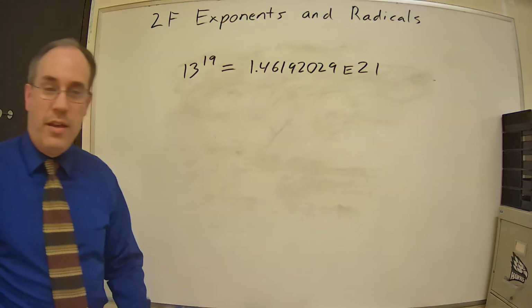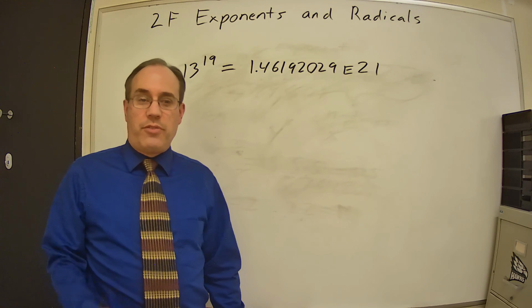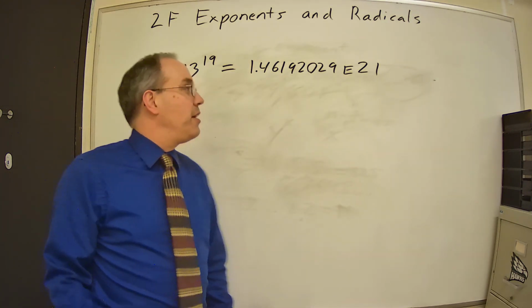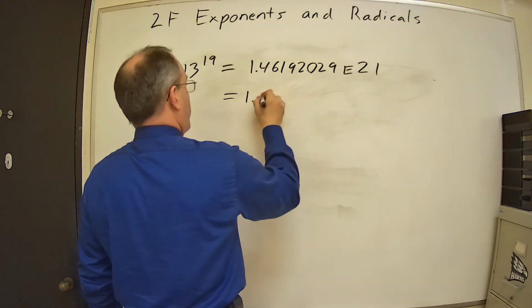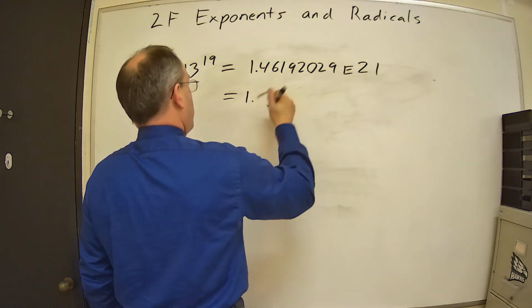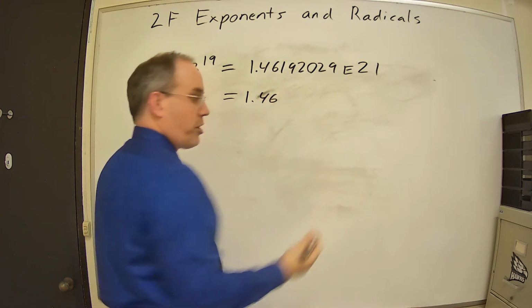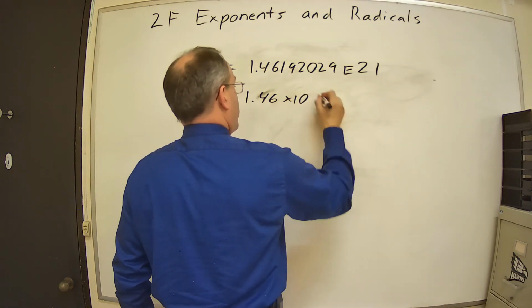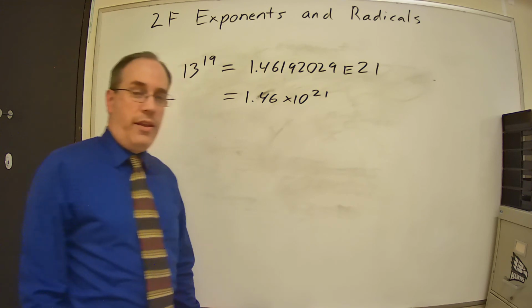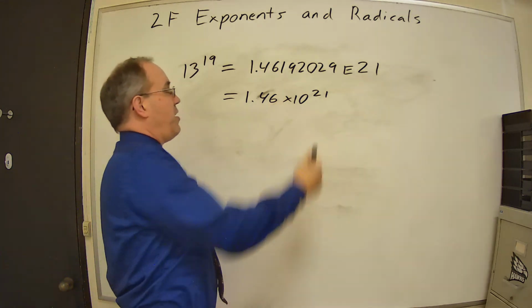E21. Now, if you remember when we talked about scientific notation, that scientific notation, it actually means that's 1.46, and I'm just going to round to 2 decimal places, times 10 to the 21. So that's essentially what it's telling us.